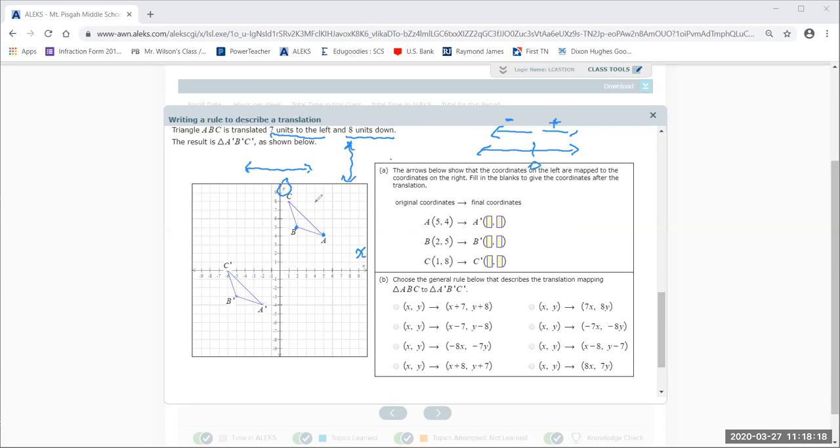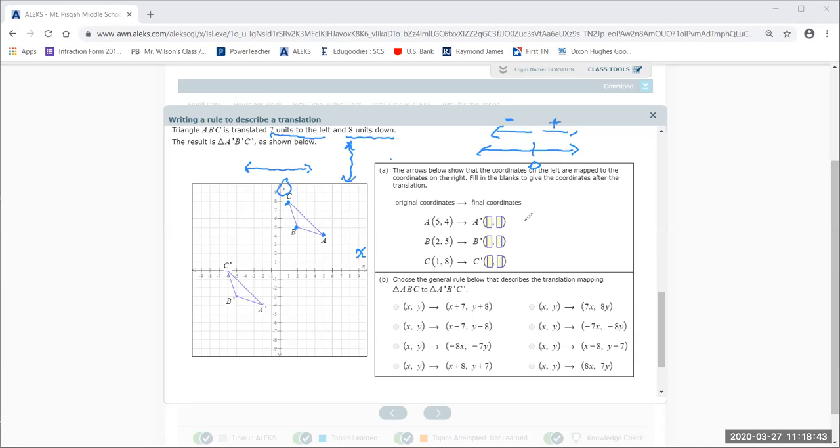And C is 1, 8, right there. So let's start with the change in the X direction. Which of these is for the X direction, the horizontal change? Is it the 7 units to the left or the 8 units down?